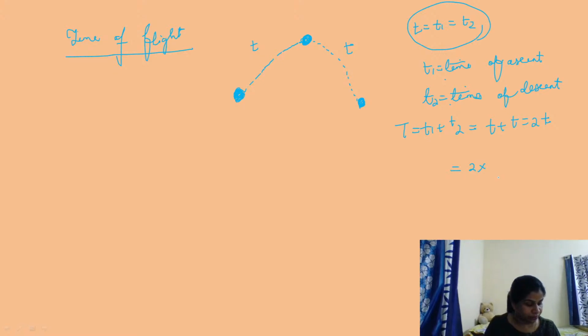Just a minute. t का एक्सप्रेशन मिला था आपको u sin थीटा. क्या मिला था? x divided by u cos थीटा. मिला था ना ये वाली एक्सप्रेशन.